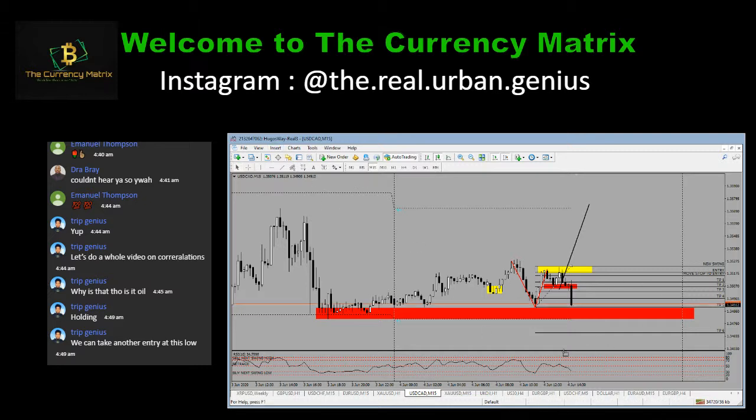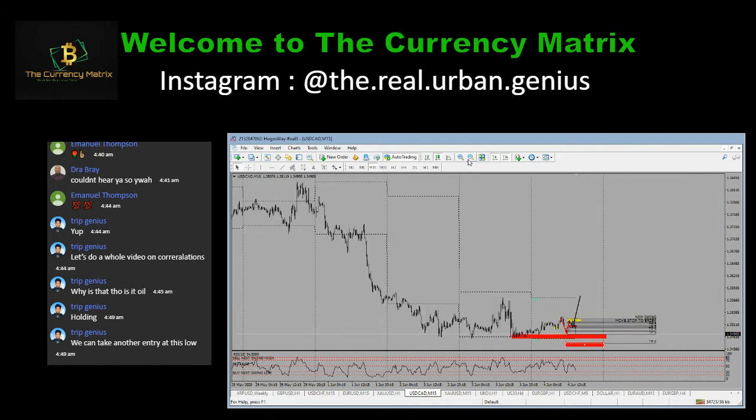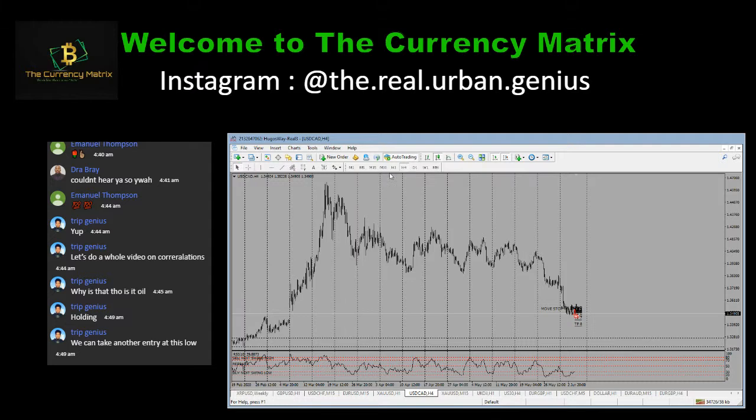All right, so if we do pass that level, we may see a level of support here. Now that is getting into the bottom of the whole gap.